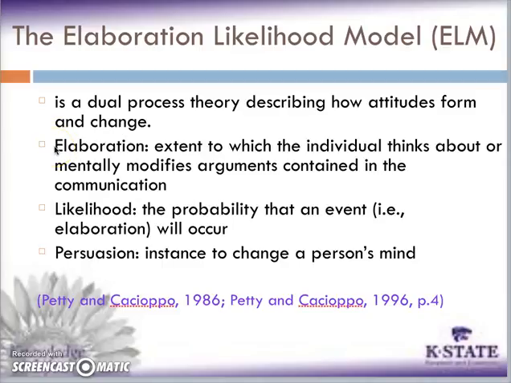Here, elaboration means the degree to which an individual cognitively processes issue-relevant arguments within a persuasive communication. Likelihood means the probability that an event will occur. Of course, here the event is elaboration. So, persuasion is any instance in which an active attempt is made to change a person's mind.